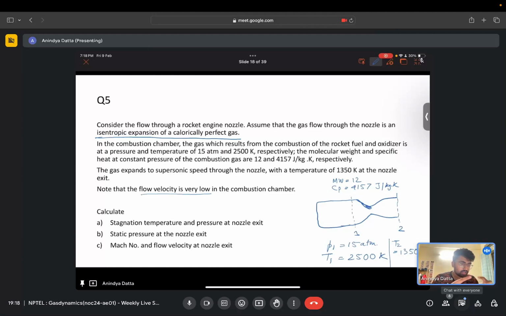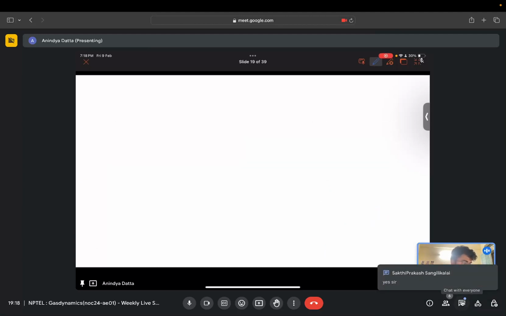Once they burn, they get accelerated and ejected through the nozzle. So within the combustion chamber and at the inlet to the nozzle, the flow velocity is very low, negligible, almost equal to zero. So V1 is almost equal to zero.